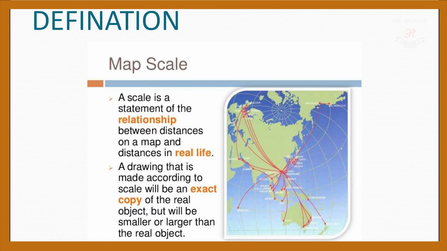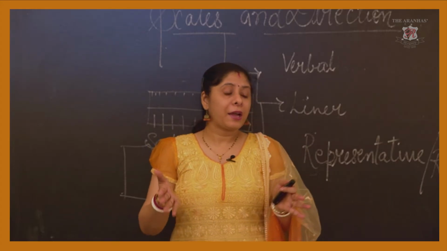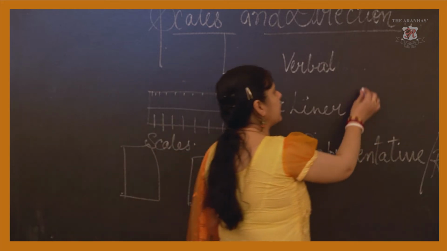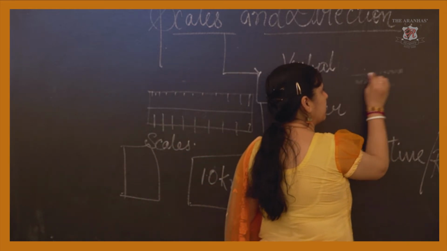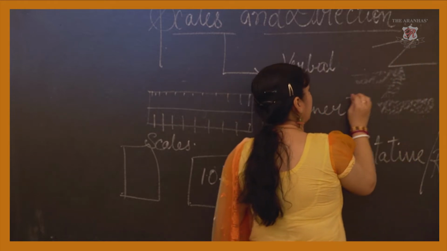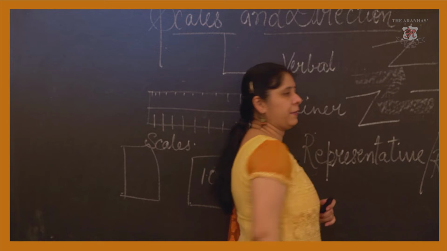And this is only possible with the drawing, and we have to know the exact direction, exact place. At times it happens that there are certain uneven structures like this.